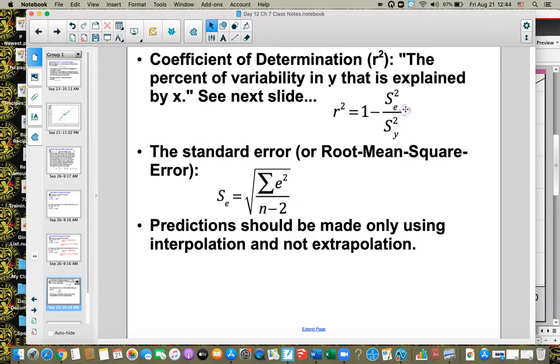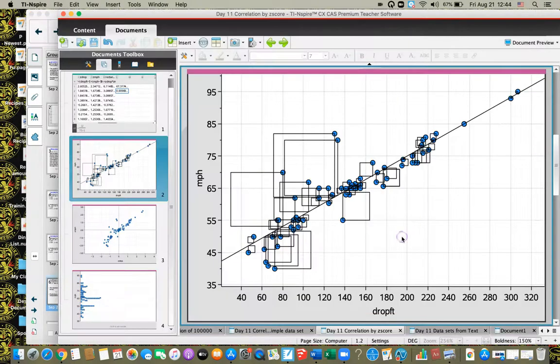So what percentage of the variation I started with did I end with? Well, 25%. So in order to get the coefficient of determination, I would subtract that from 1 to ask myself how much variation was removed. So 25% is left over. That means that 75% of it was removed just by the act of putting the drop feet onto that set of miles per hour and trying to correlate those.